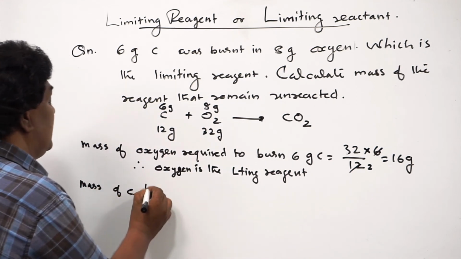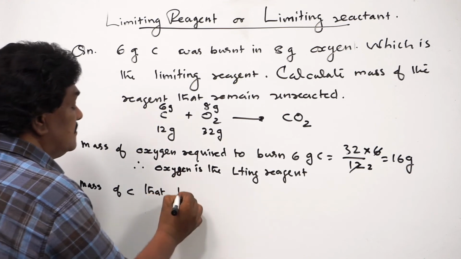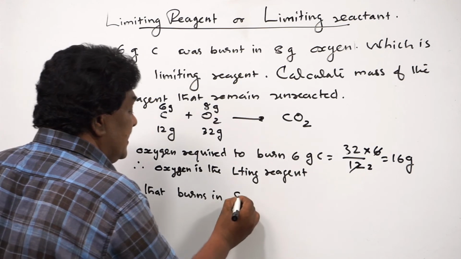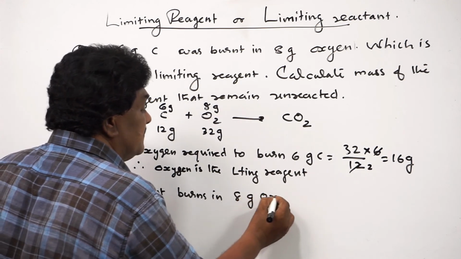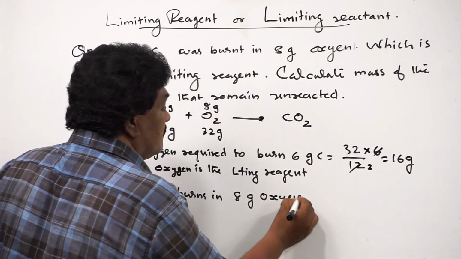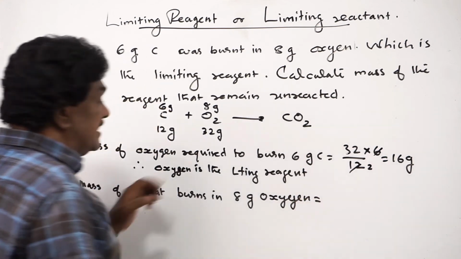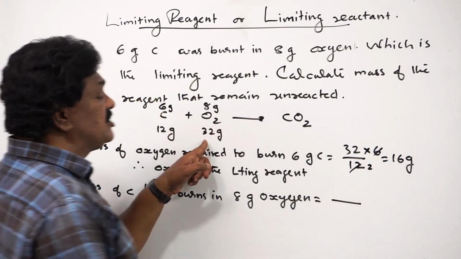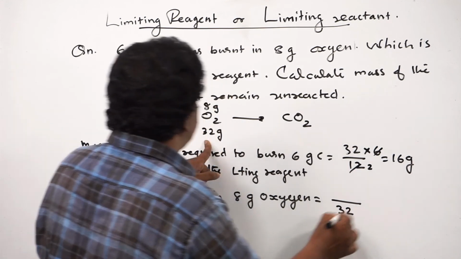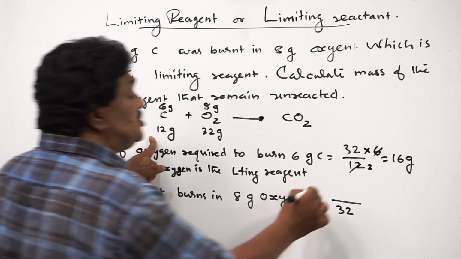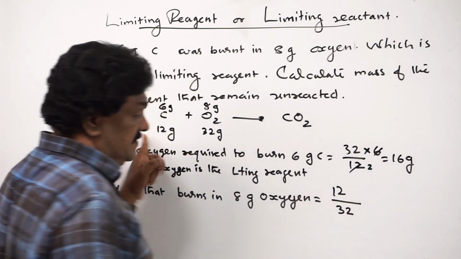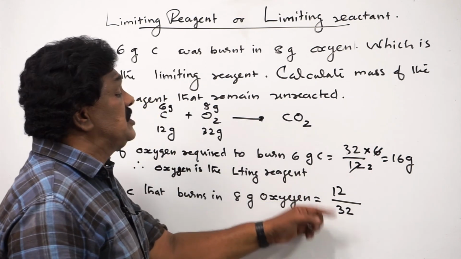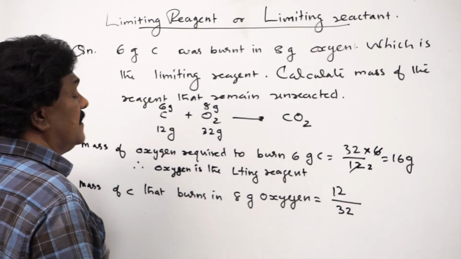According to the balanced equation, 32 gram oxygen burns 12 gram carbon completely.